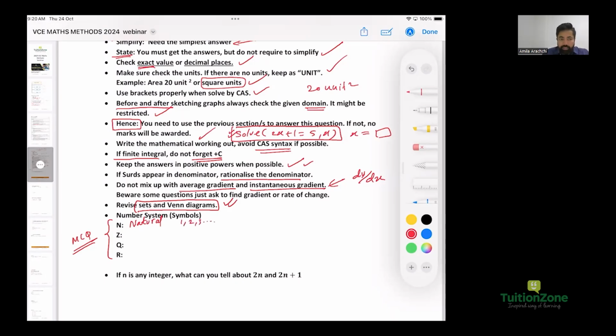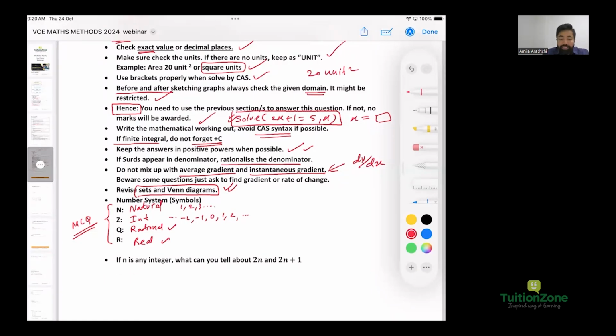And what's Z? Z is the integers, which are positive and negative whole numbers, including 0. Like 0, 1, 2, 3, all the way, and this side, -1, -2, all the way. Q means the rational numbers. R means the real numbers. If you're not sure, make sure to revise them. They're all in the notes in your textbook as well as our notes.